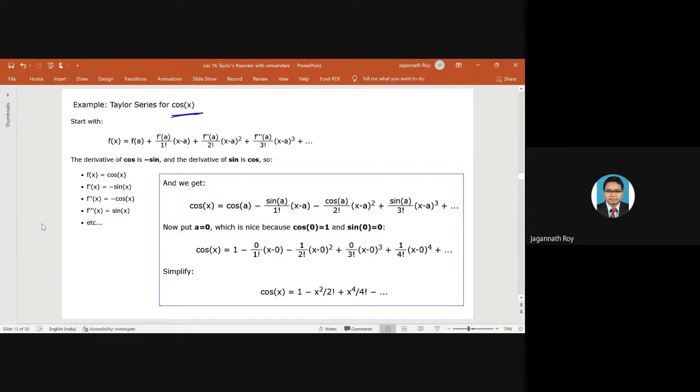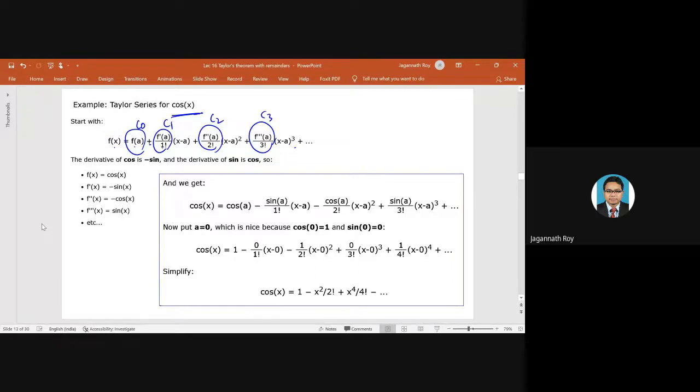Just now we have found that the Taylor series can be written in this form. Any function, this is f(x), can be approximated by these expressions, where these are the derivatives which we have to find out. This is C0, C1, C2, C3, and so on.